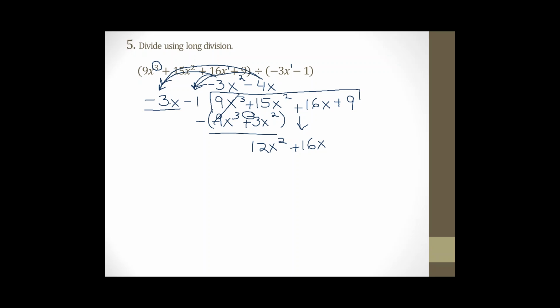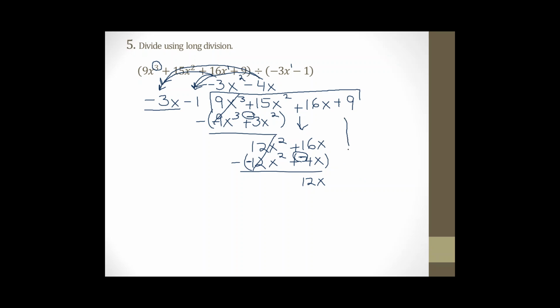Negative 4x times negative 3x gives me 12x squared, and negative 4x times negative 1 gives me positive 4x. Again, subtracting, which changes all the signs. This becomes negative, this also becomes negative. And now adding down, 12x squared minus 12x squared cancels out as 0, and then 16x minus 4x is 12x.